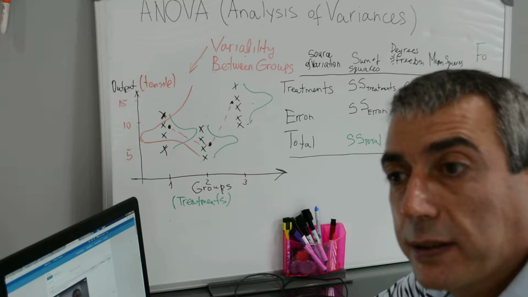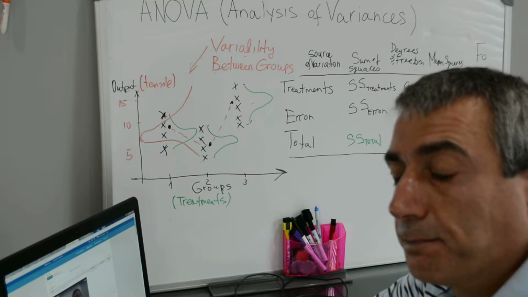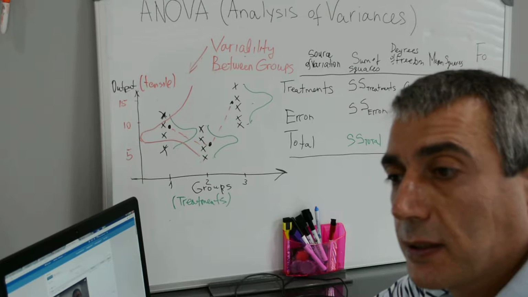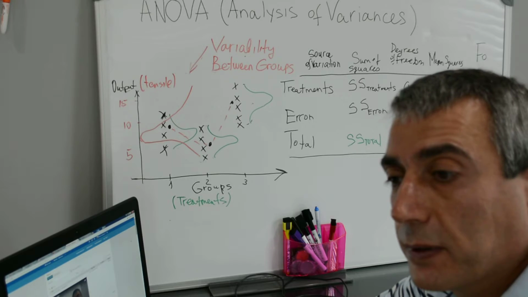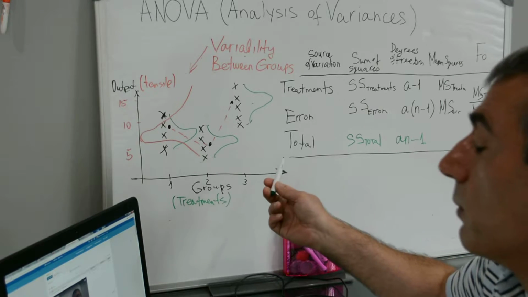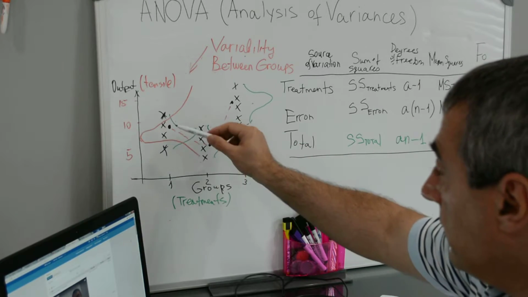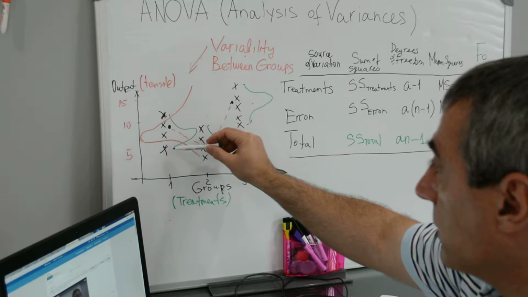It is a statistical test which operates upon the following principle. Well, what does ANOVA do? It compares the variation within the groups.